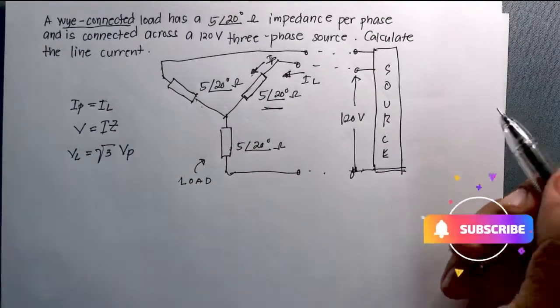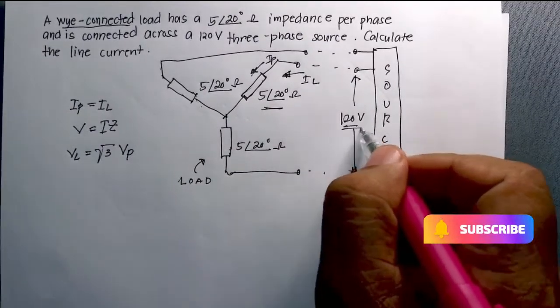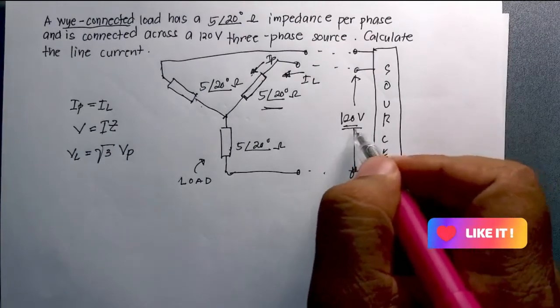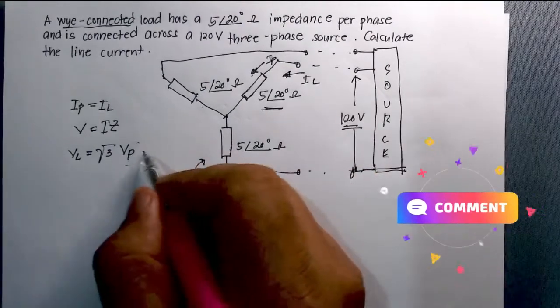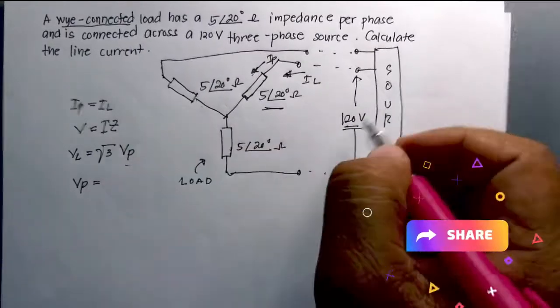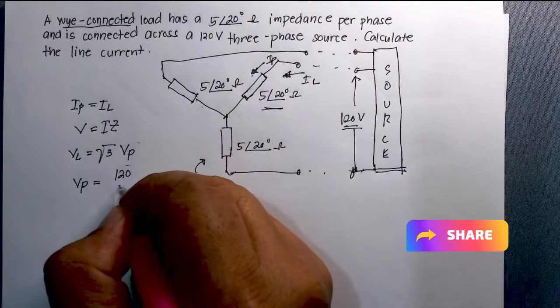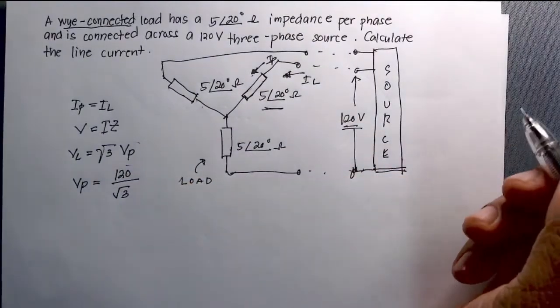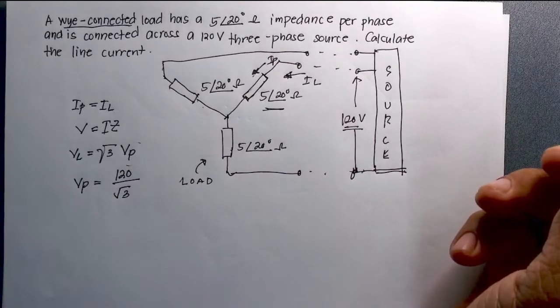But since the line voltage is given, we can now compute for VP. So the phase voltage is VL, which is 120, divided by square root of 3. That will be your phase voltage.